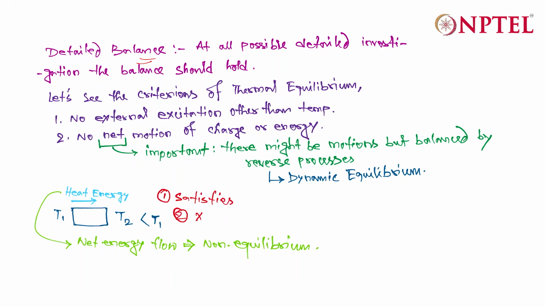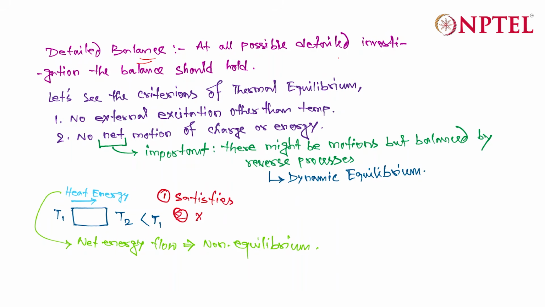Now, as I have said, there might be a lot of processes already going on inside a semiconductor, even if it is in equilibrium. That's why it's not a static equilibrium, it's a dynamic equilibrium. Now, there are two major criteria for a thermal equilibrium. One is there should not be any external excitation other than temperature.